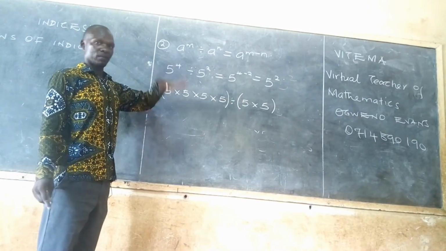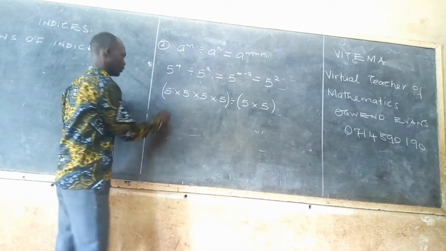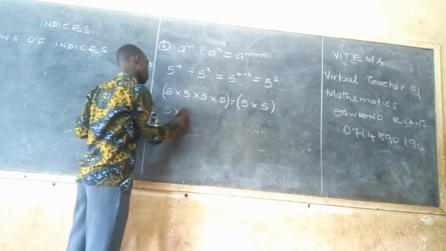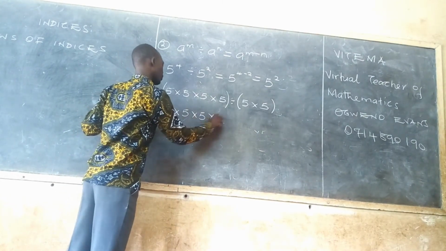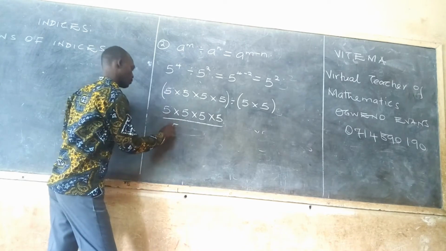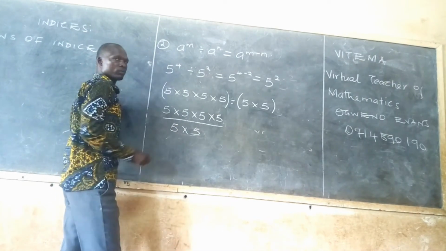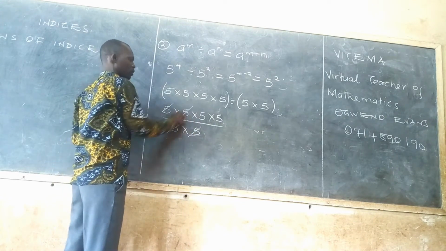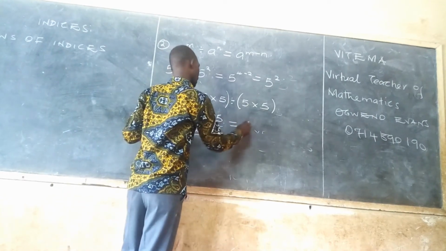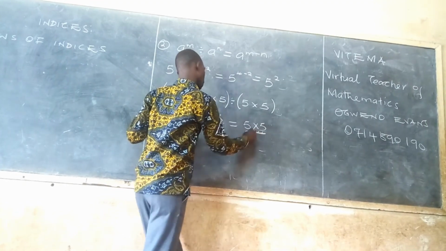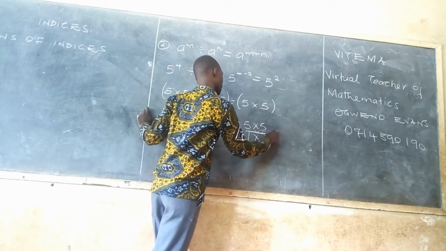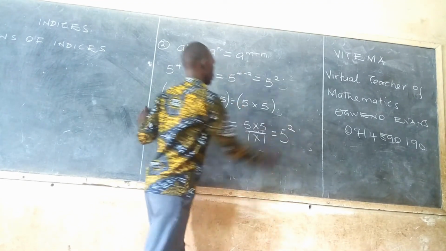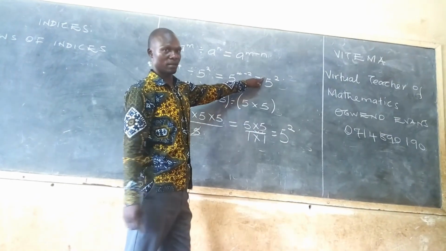I want to use that method because it will show it very clearly. 5, 1, 2, 3, 4 over 5 by 5. So what is going to happen? We'll cancel up and down. What do we remain with? We have 5 by 5 over 1 times 1, that gives us 5 to the power 2. Exactly what we had at the beginning.